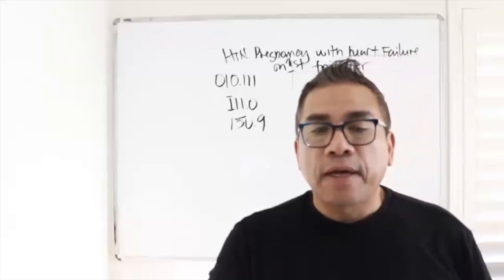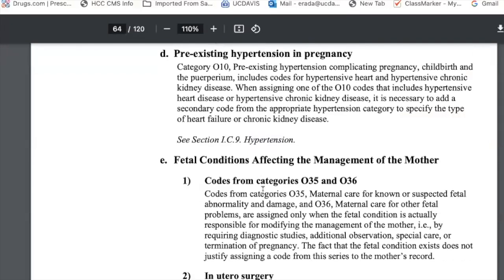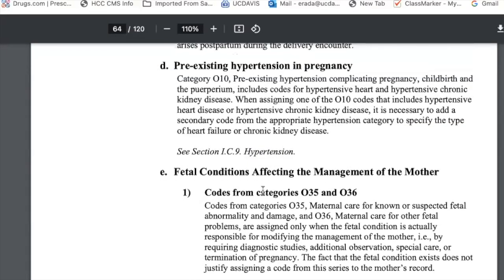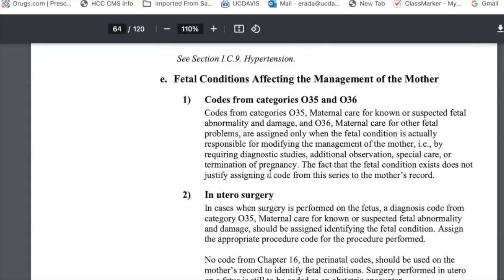Okay, so let's continue here. What about fetal conditions affecting the management of the mother?